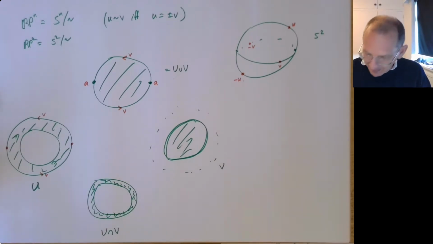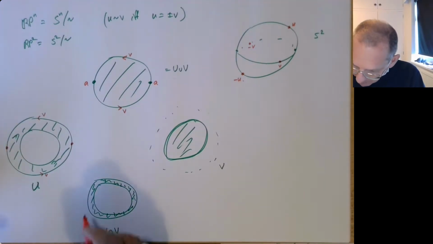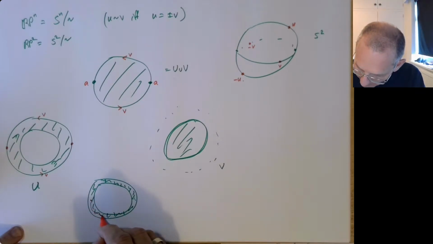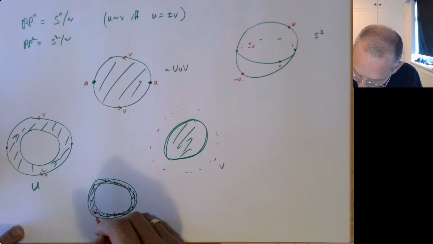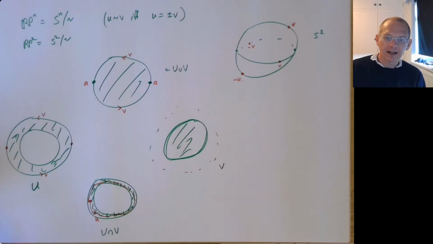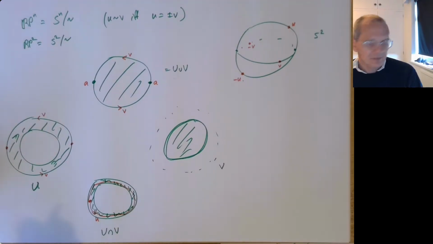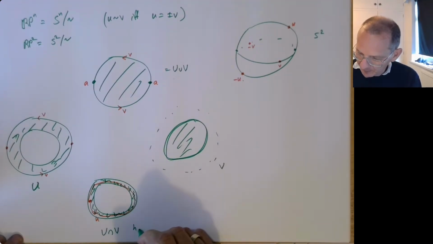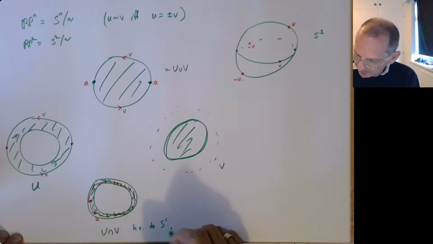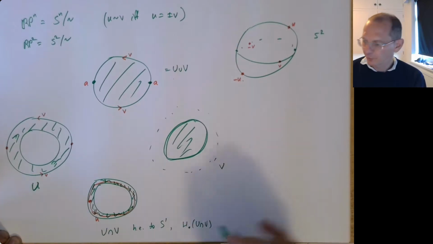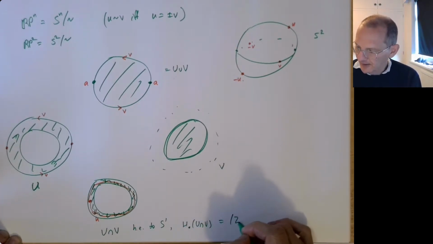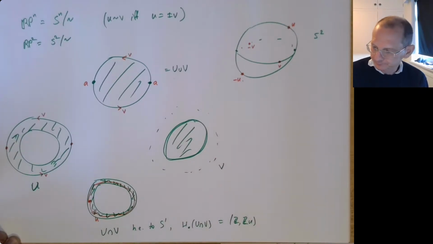We're going to draw another path, a loop in U intersect V. This one we're going to call little u, and it runs all the way around this circle. So U intersect V is homotopy equivalent to S1, and the homology of U intersect V is therefore Z, generated by u, in degrees 0 and 1.